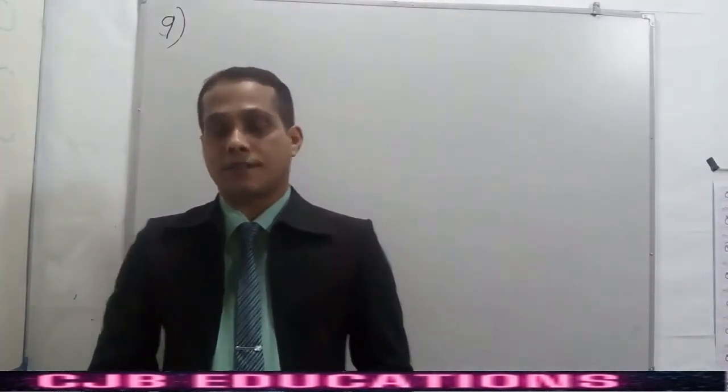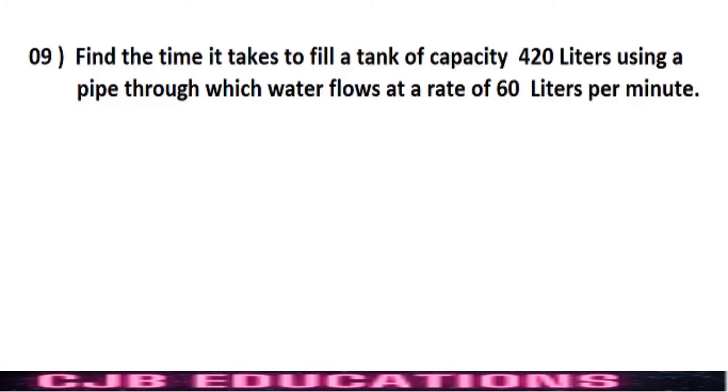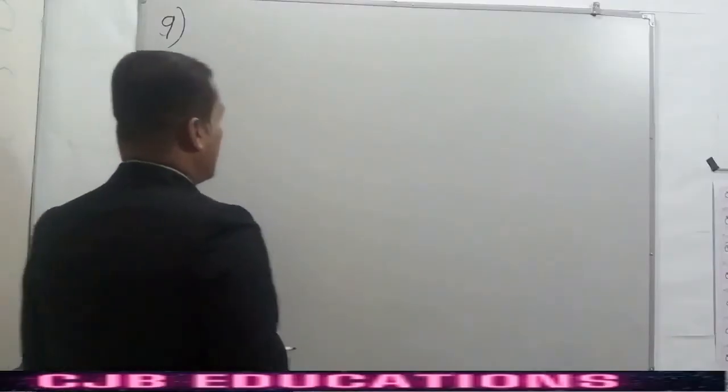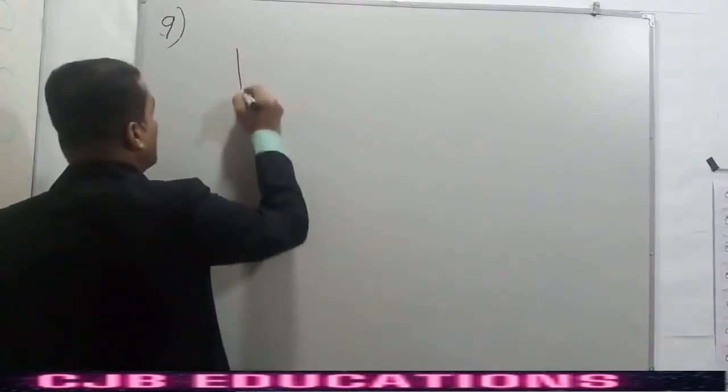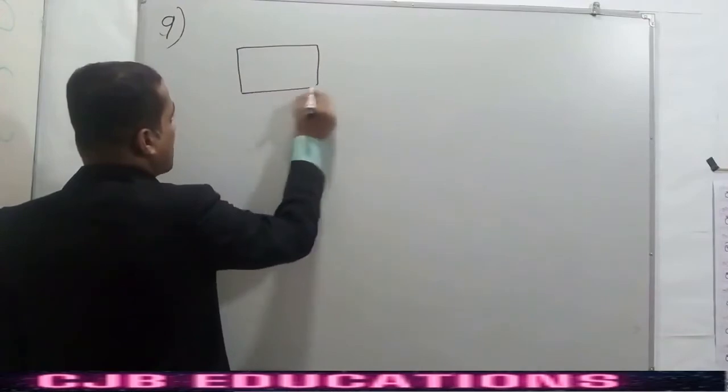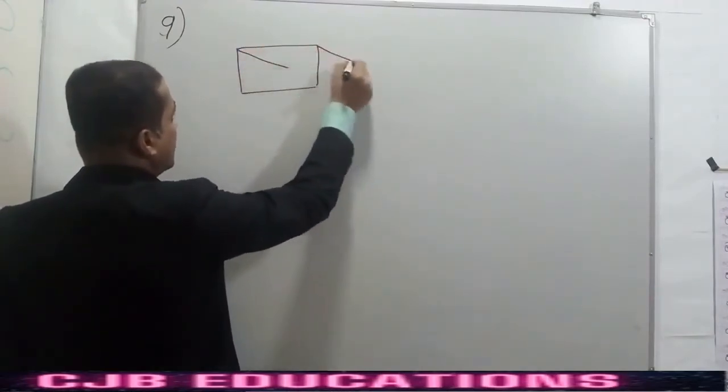Find the time it takes to fill a tank of capacity 420 liters using a pipe through which water flows at a rate of 60 liters per minute. Then we can draw this tank as an example. This is a water tank.